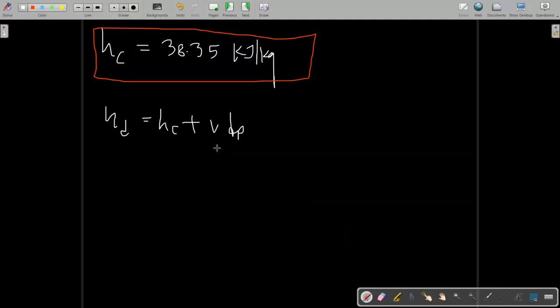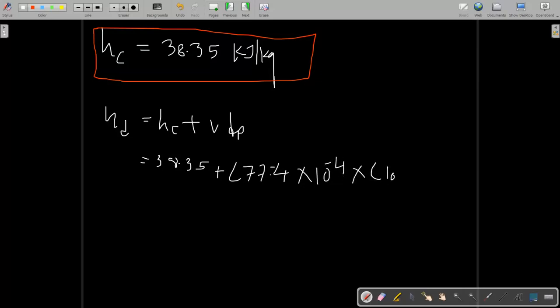So when you solve this, Hc is equal to 38.35 plus the specific volume 77.4 into 10 raised to minus 6, multiplied by the pressure difference 10 minus 0.2, which is in bar.